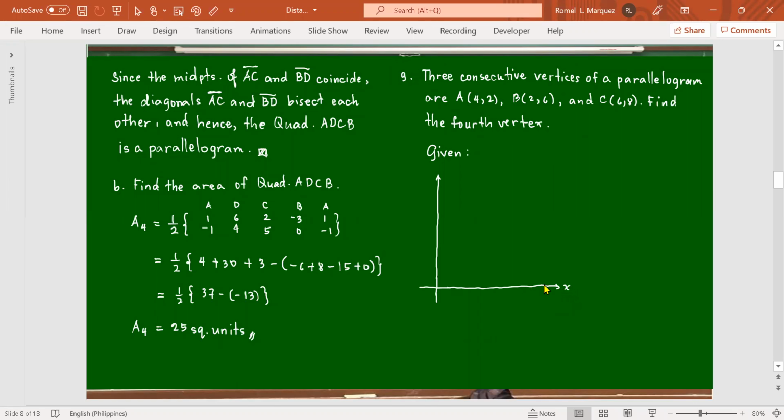So let's say this is 6, divided into 3, so this is 3, 6.